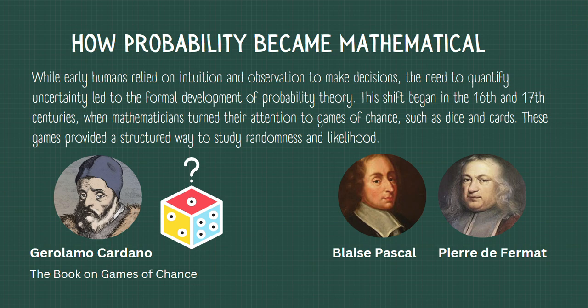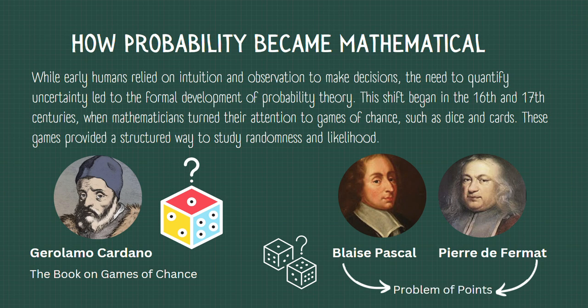But Blaise Pascal and Fermat used mathematical knowledge in probability to solve the problem of points. It is one of the things they did to find the likelihood of winning the game of cards and dice. Because of that, probability became more mathematical.